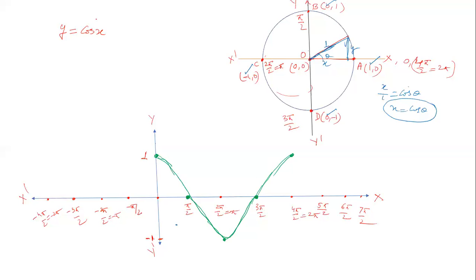Similarly, on this side, you will join them like this. At minus pi, it is minus 1. At minus 3 pi by 2, it is 0. And at minus 2 pi, it is again 1.